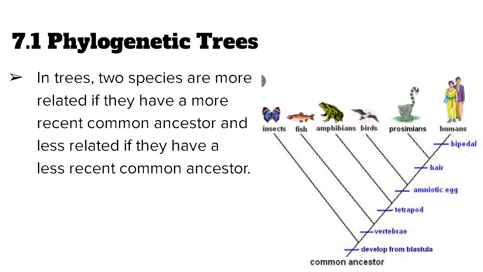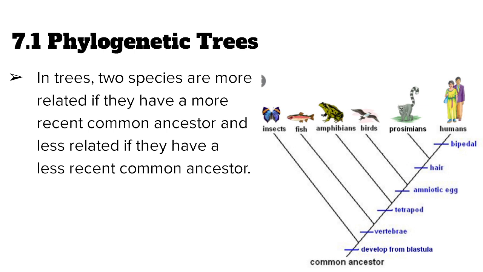But insects don't have vertebrae. Everything else does. Fish are not tetrapods, meaning they have 4 limbs, but amphibians, birds, prosimians, and humans do. The amniotic egg isn't true for amphibians, fish, and insects, but is true for birds, prosimians, and humans. Of course, prosimians and humans are the only ones with hair, and humans are the only ones that are bipedal.